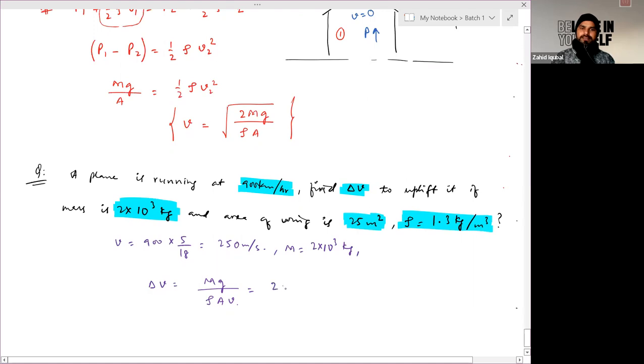Mass is 2 into 1000. Gravity is 10. Density is 1.3. Area of cross section is 25. Velocity is 250.